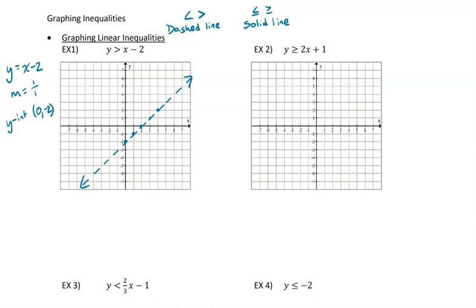If you have greater than or equal to, that means we're going to shade above the line. And if we have less than or equal to, that means we're going to shade below the line.